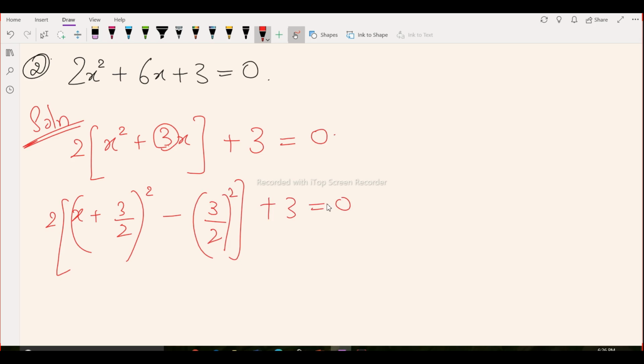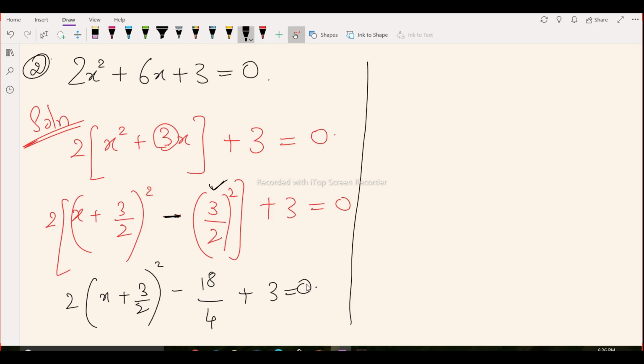equal to 0. Okay. Now, one thing you have now noticed is that every time you'll have minus of that square. Every time you have this same thing. So now let's just solve this. So you have 2 and you have x plus 3 by 2 the whole square, and this will be 9 by 4, so this will be minus 18 by 4 plus 3 equal to 0.